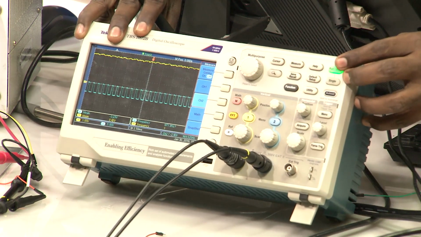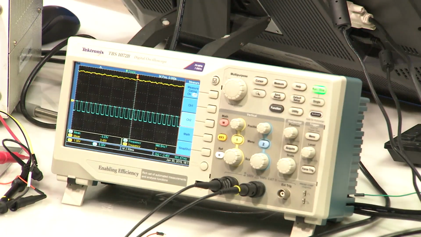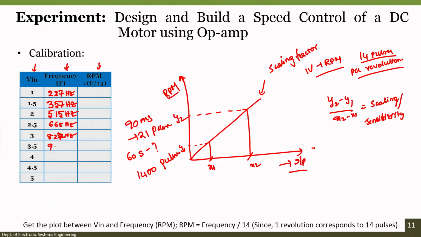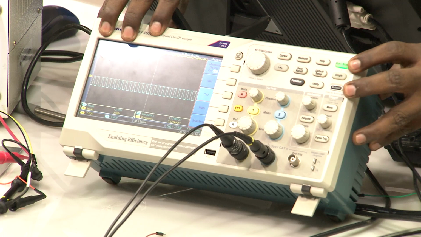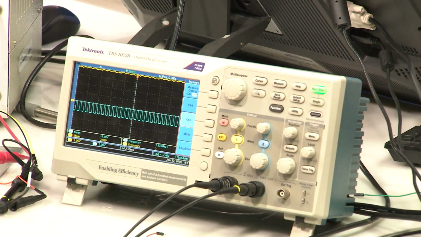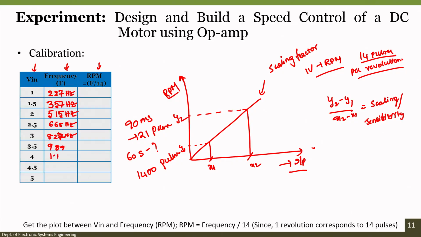Now the frequency is 989 hertz. So I will go to 4 volts. 1157, then 4.5.